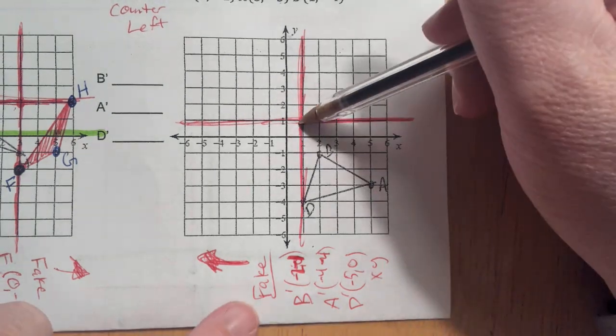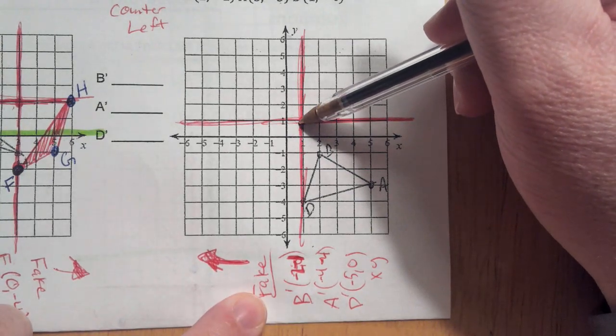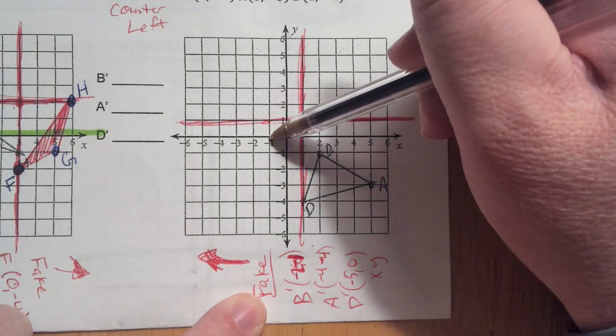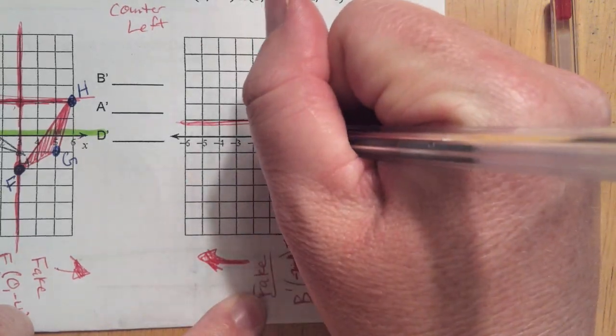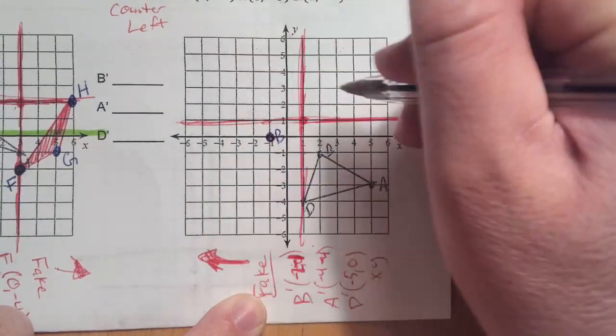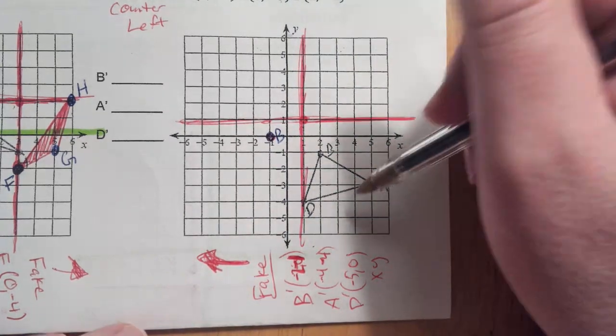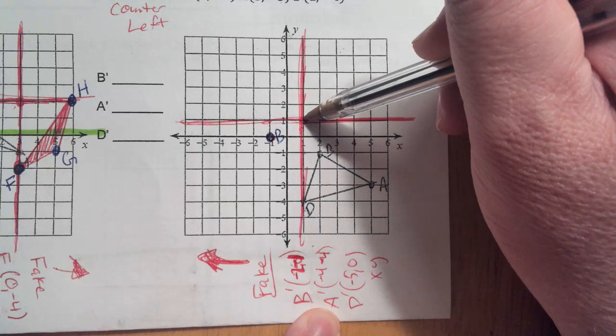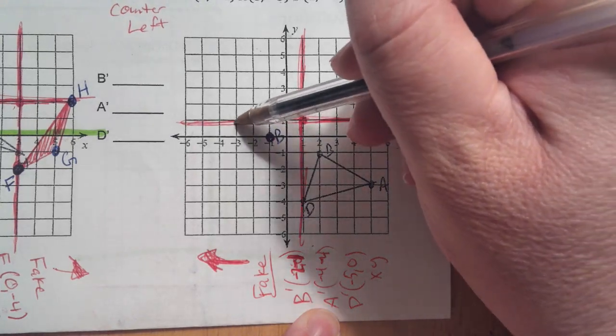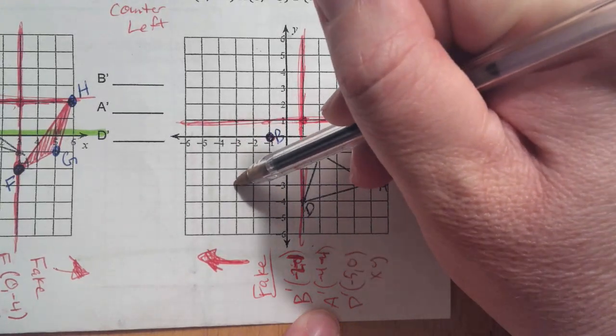Okay, let's see if you got it. So you should have gotten -2, -1. So this right here is our B. From our fake 0, 0, we go -4, -4: 1, 2, 3, 4.